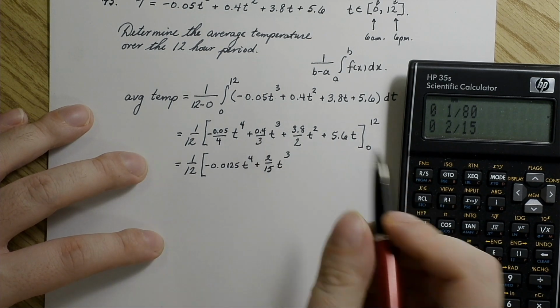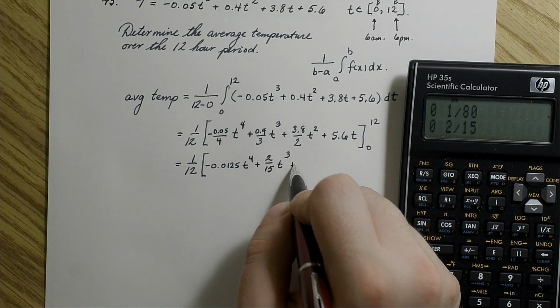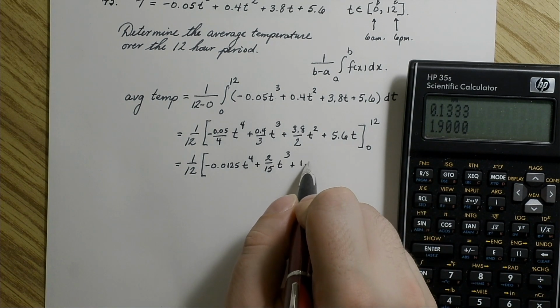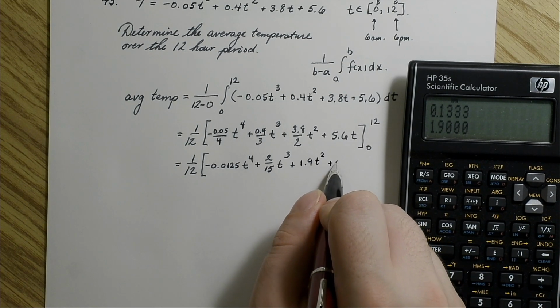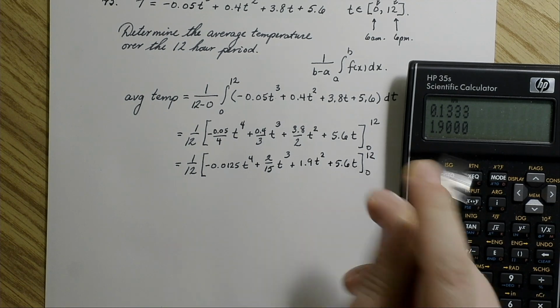That makes sense: 0.4 divided by 3, not 4 over 3. Plus 3.8 divided by 2, that's 1.9, plus 5.6 t from 0 to 12.